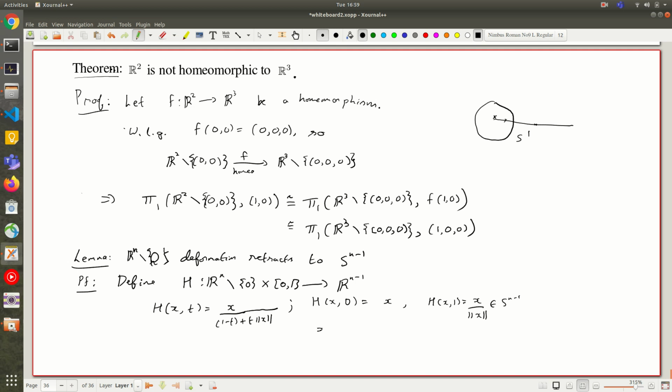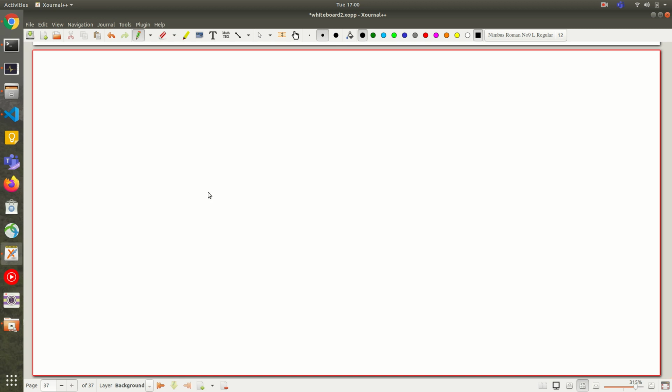And x belonging to Sn minus 1 implies that norm x is 1, which implies that h of x at whatever time t is x by (1 minus t plus t), which is of course x itself. So we see that this deformation retracts onto Sn minus 1, and hence the fundamental groups are the same. Okay, so that is the next thing that we will use.